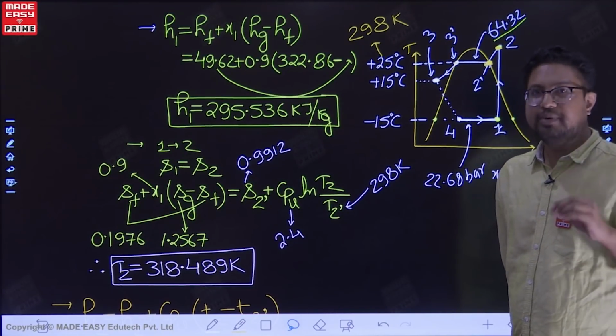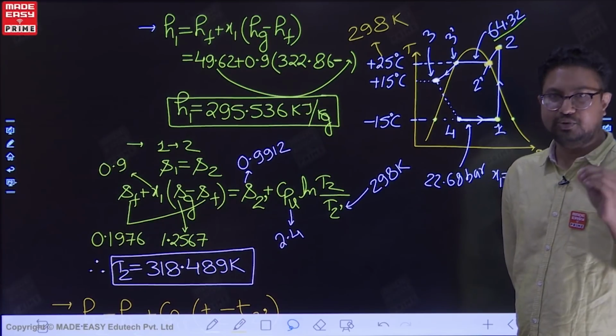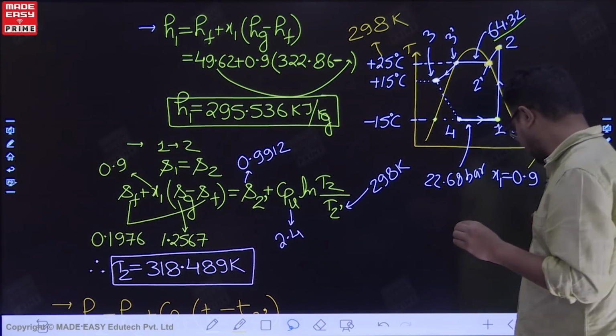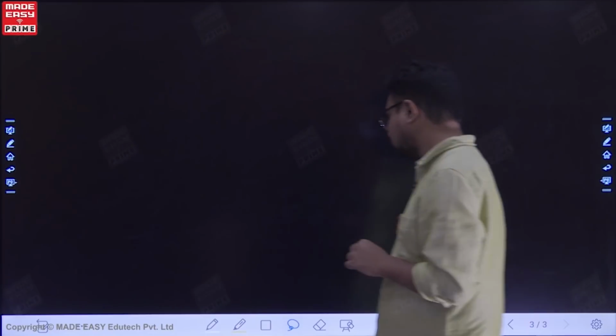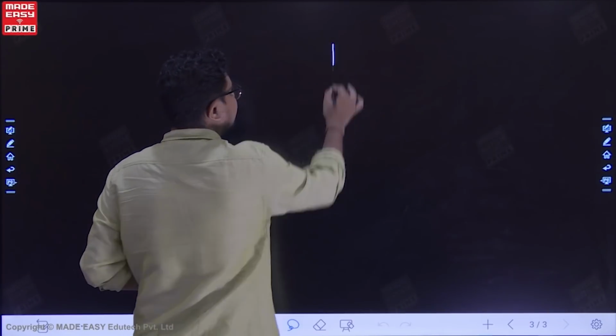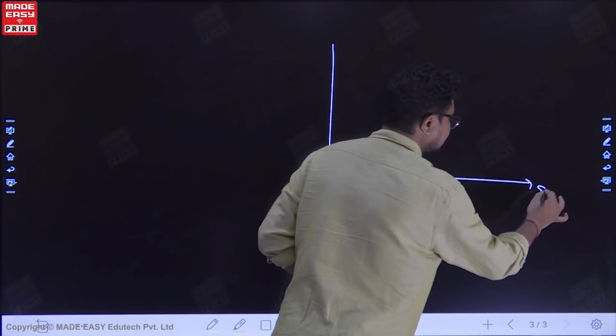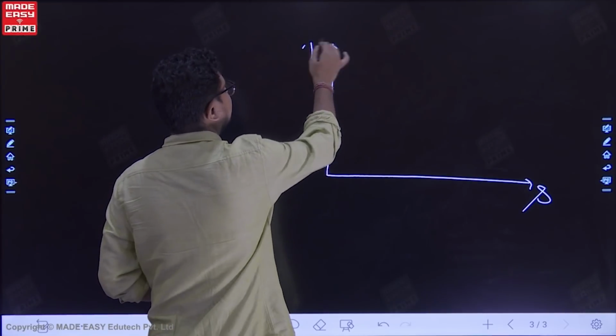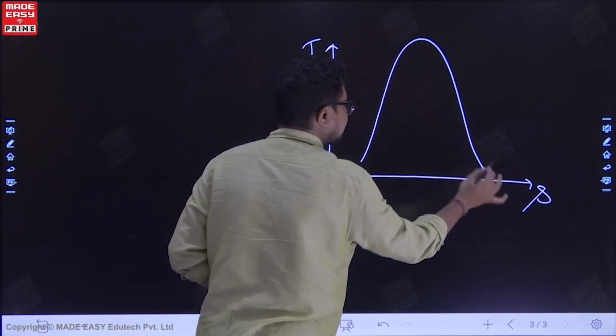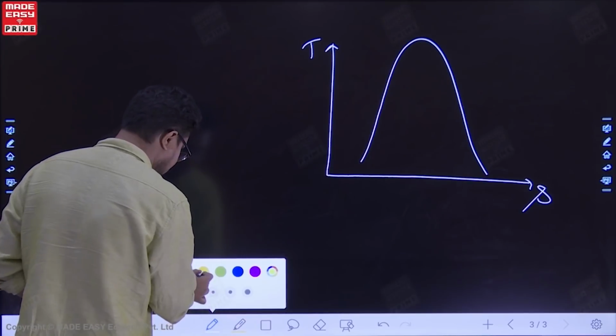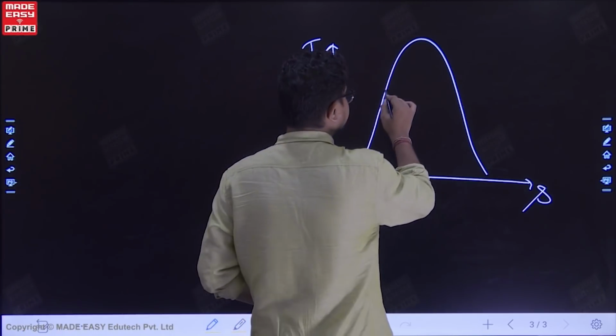So here I am going to make a point which you should understand. See, when we draw the TS diagram, we draw constant pressure curves on it.